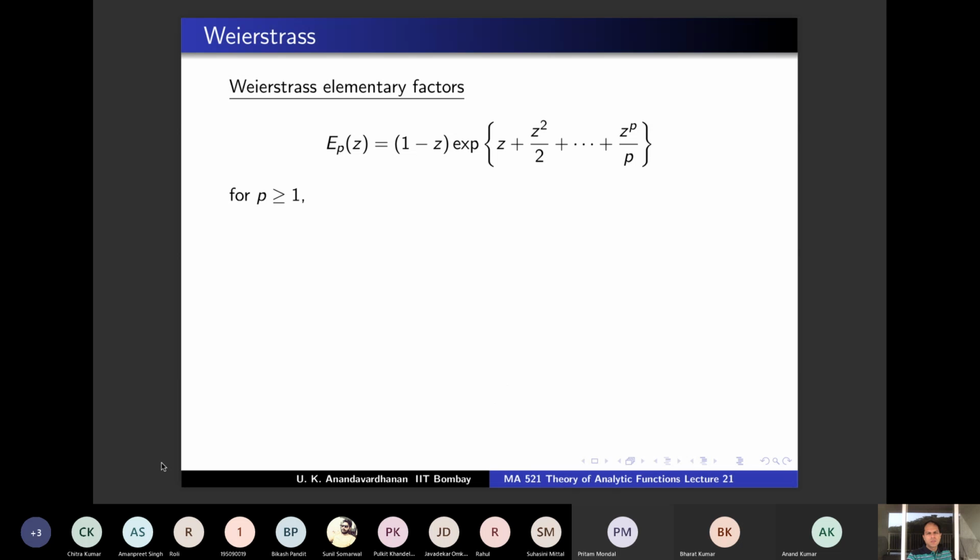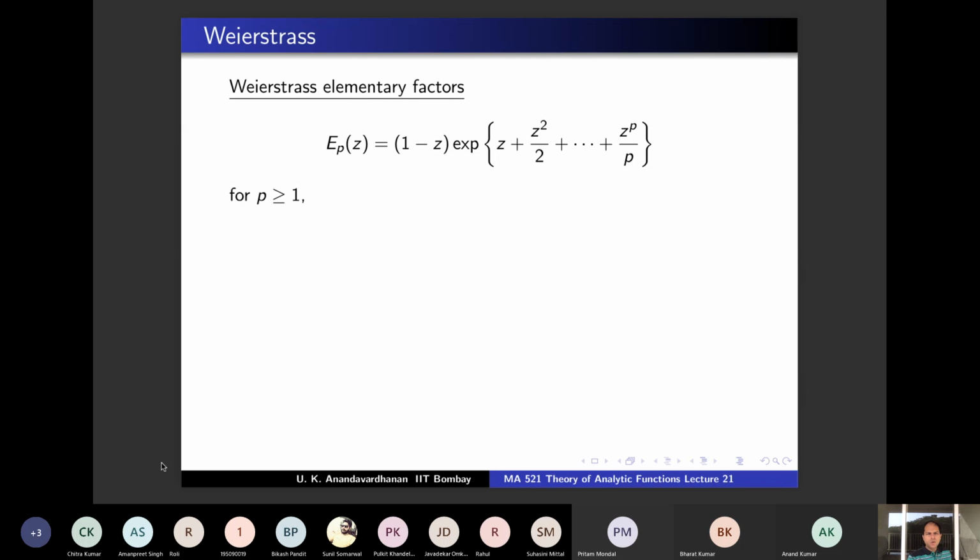So this makes sense for p equal to 1, 2, etc. And is there a zero for this function? There's an obvious zero for this function, which is z equal to 1. Is there any other zero for this function? No, because exponential is never 0. So these are holomorphic functions, nice functions.